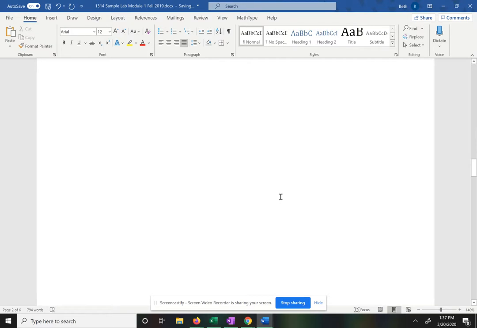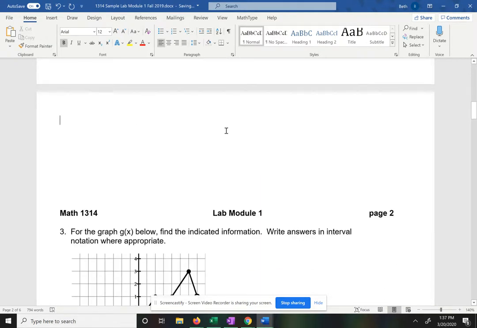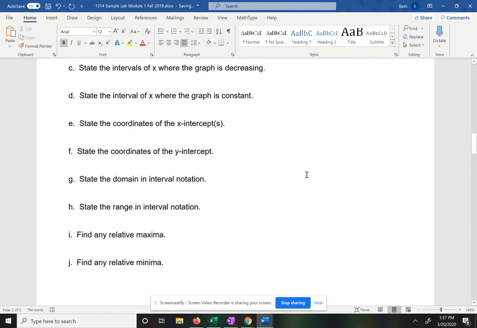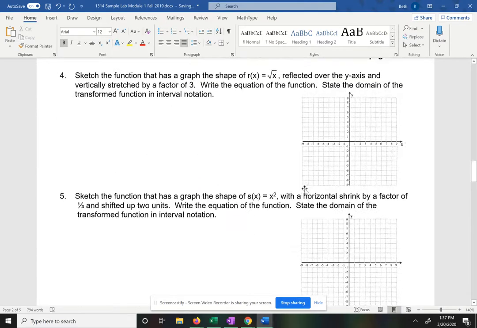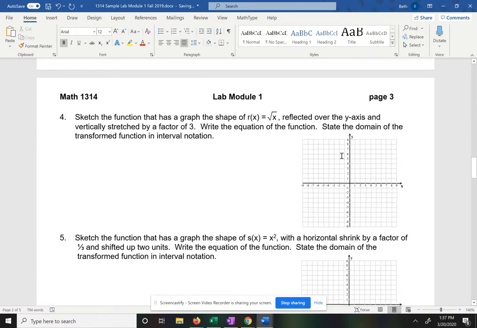The only thing that you have to be careful of, obviously things have gotten weird. Please try and delete any weird spaces. And then we come here. It's very hard to draw graphs.